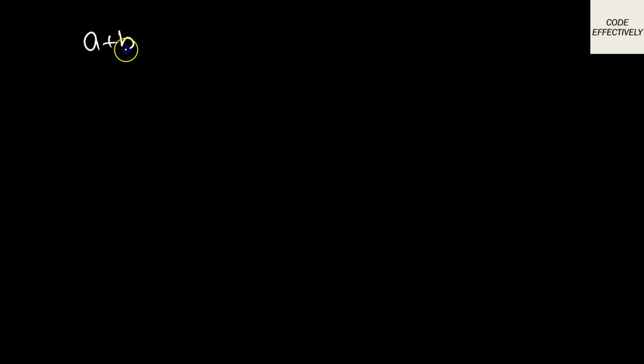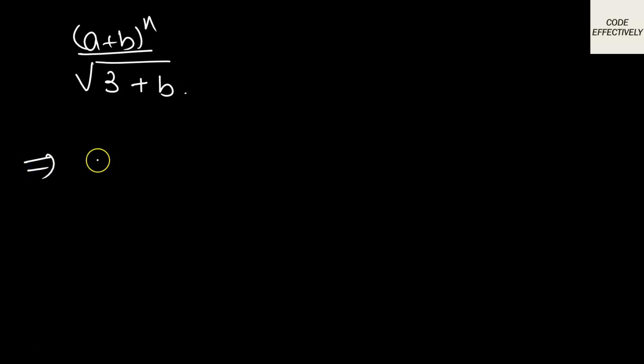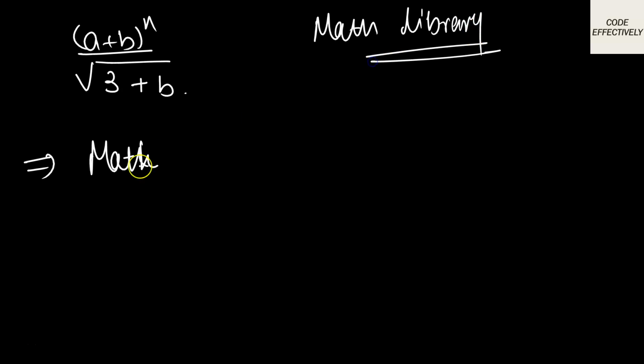a plus b raised to the power n, divided by the square root of 3 plus b. Okay, so this is your program. In this, again we will use the Math function. So I request you to please go and study the Math library functions. These are the important ones for Java statements. So it will be Math.pow, and in this we will write a plus b comma n, whatever be the expression, raised to the power n.